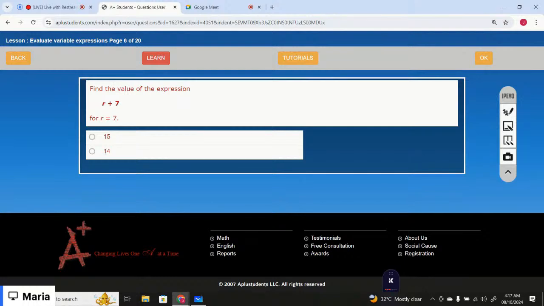Find the value of the expression that is r plus 7. You have to evaluate it for r equals 7. So which is the correct option?